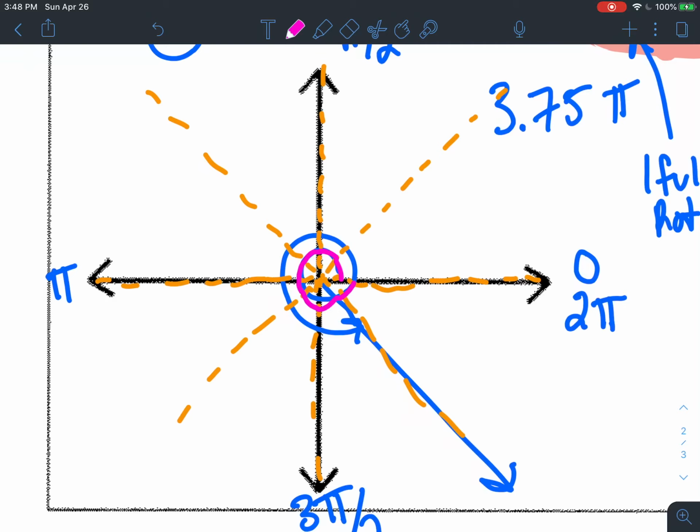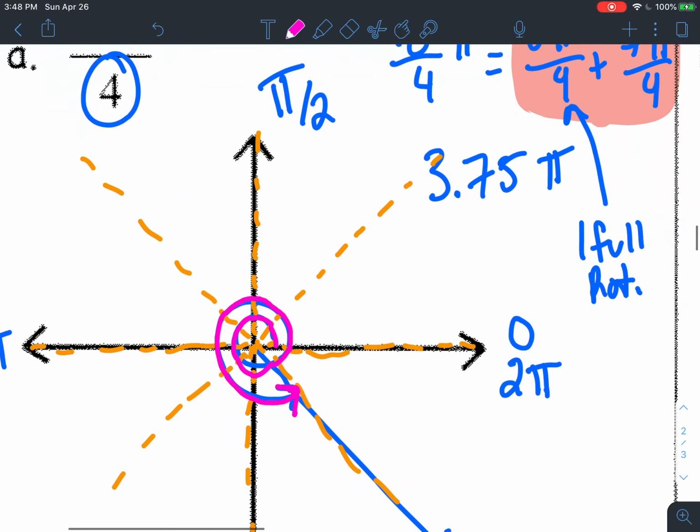So I've done one full rotation. 9, 10, 11, 12, 13, 14, 15 pi over 4 pieces. Because again, I know this is 0, this would be pi over 2, based on how we have our quadrants laid out. So halfway between those two would be a pi over 4 slice.